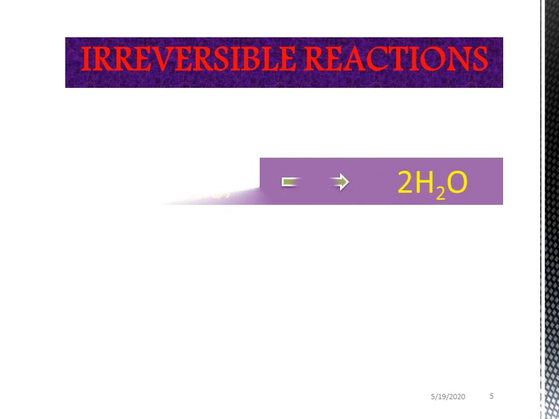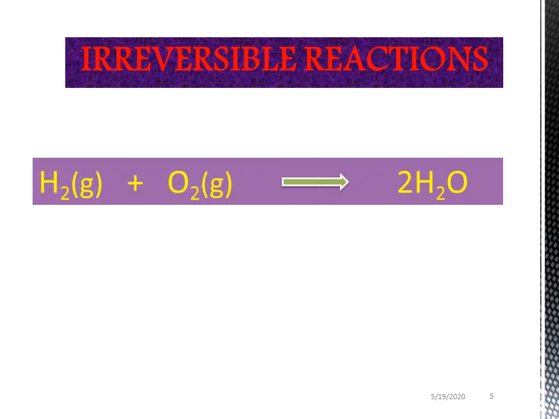the irreversible reactions. What are irreversible reactions? Those reactions in which the products do not recombine to form the reactants are called irreversible reactions. Let us look at this reaction. When hydrogen reacts with oxygen gas, it gives us 2 moles of water.